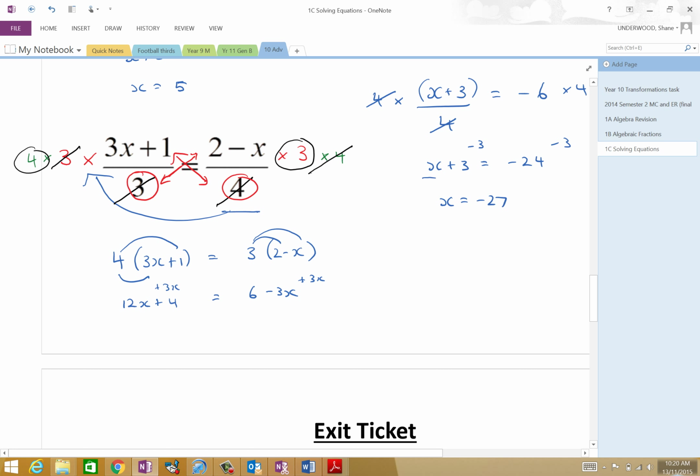That could be one way of getting all the x's the same side. And I'm left with this. And then I have to subtract 4 from both sides, don't I? I want to subtract 4 from both sides. 15x equals 2. Therefore, x is equal to 2 over 15.